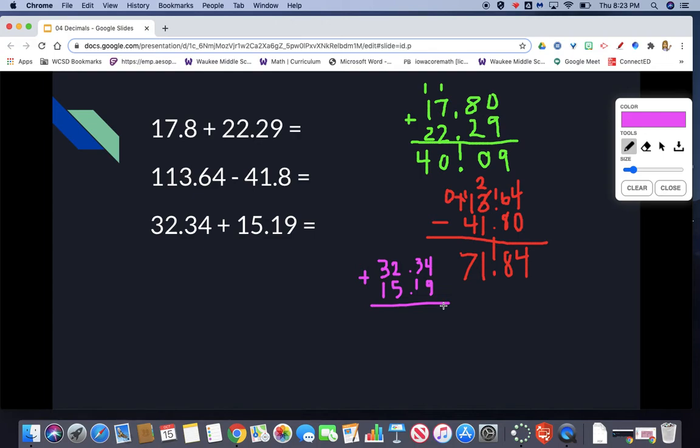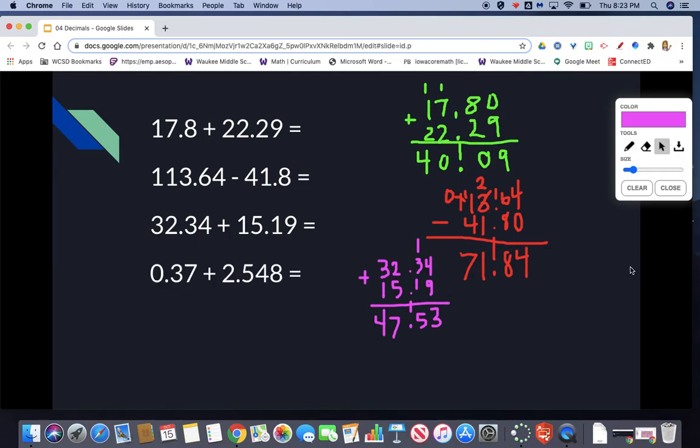Sometimes that will happen. Now I'm going to add, starting over here in my hundredths column. 9 plus 4 is 13. Drop the 3, carry the 1. 3 plus 1 is 5. Drop my decimal down into my answer. 2 plus 5 is 7. 3 plus 1 is 4. 47 and 53 hundredths.